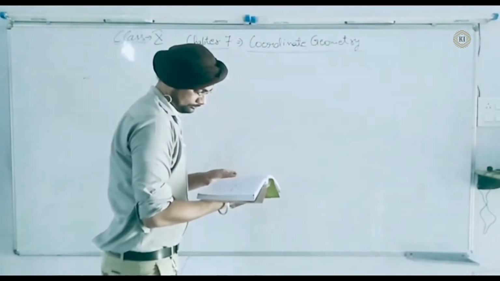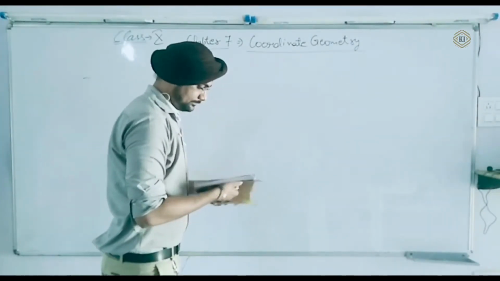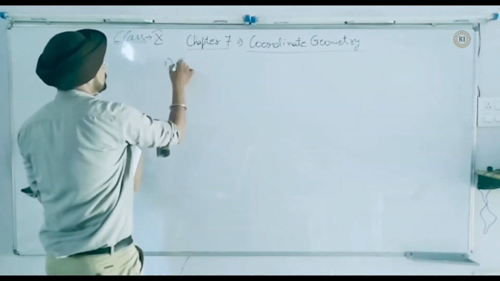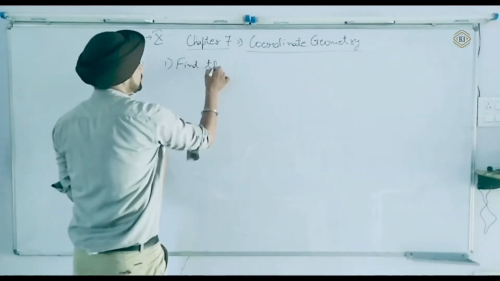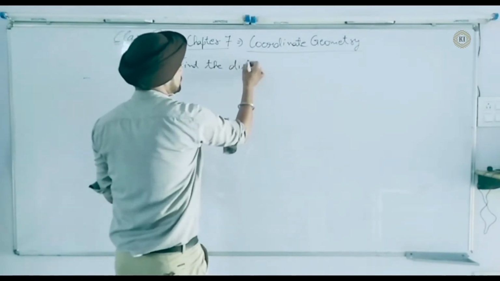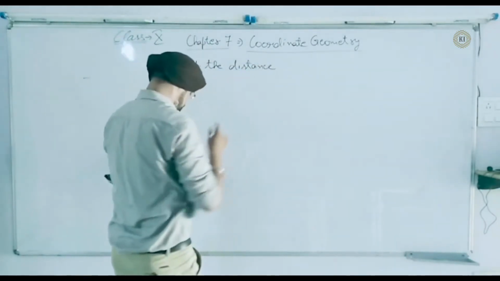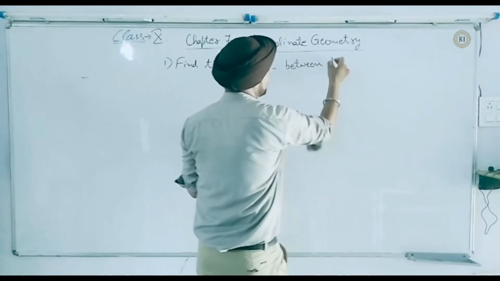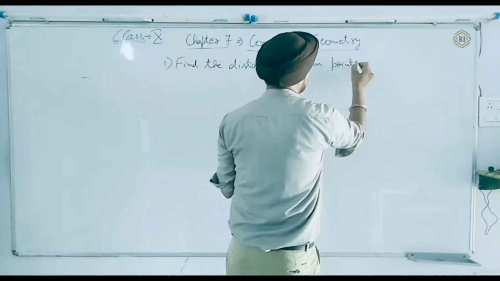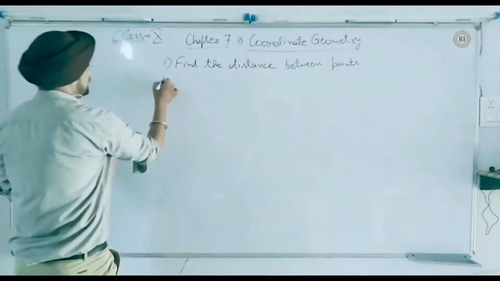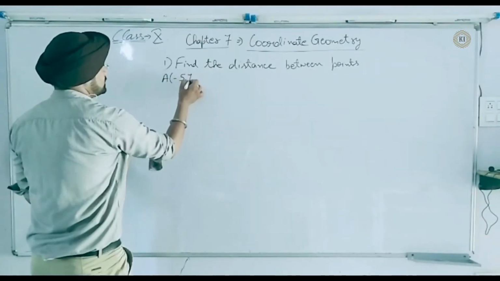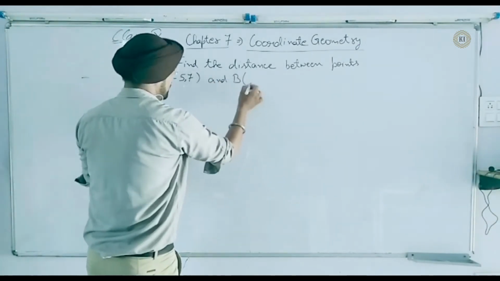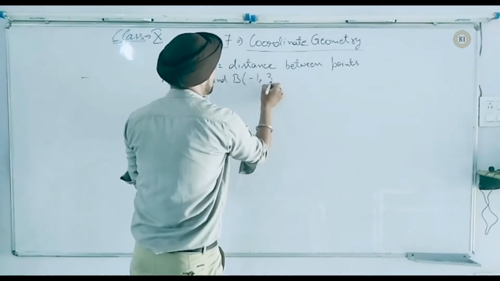Find the distance between points A (minus 5, 7) and B (minus 1, 3).